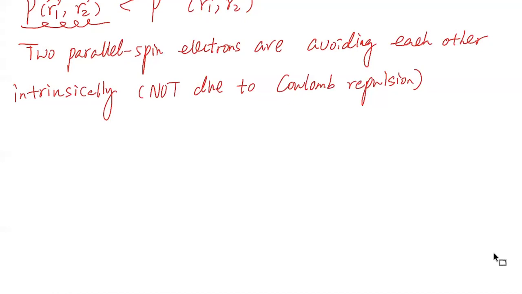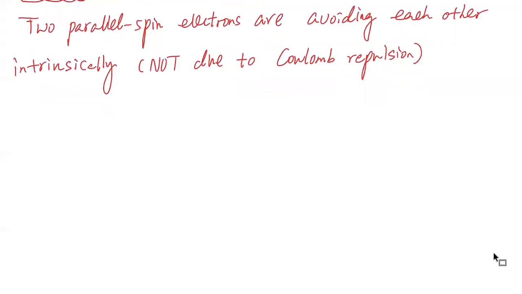So this kind of repulsion is not electrostatic. This is fundamentally due to the spin, okay? This kind of repulsion is called Pauli repulsion.